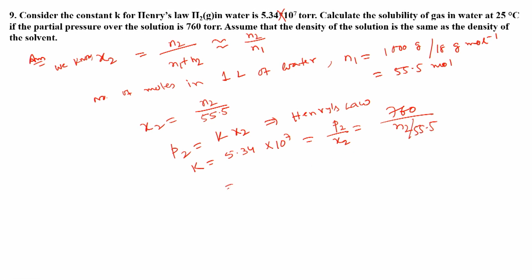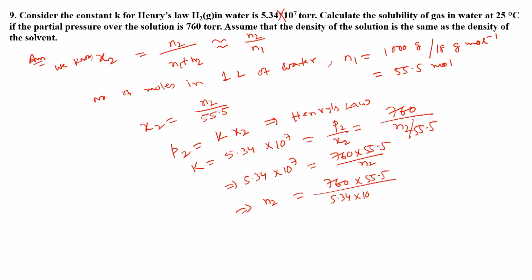So we get 5.34 times 10 to the 7 is 760 times 55.5 by N2. So from there we can calculate N2. N2 is 760 into 55.5 by 5.34 times 10 to the 7.